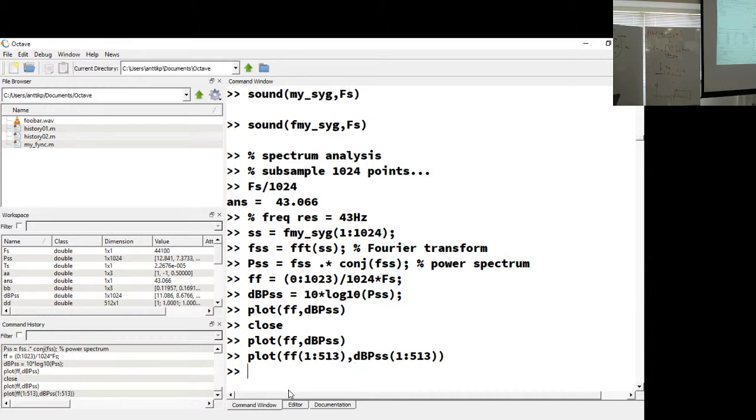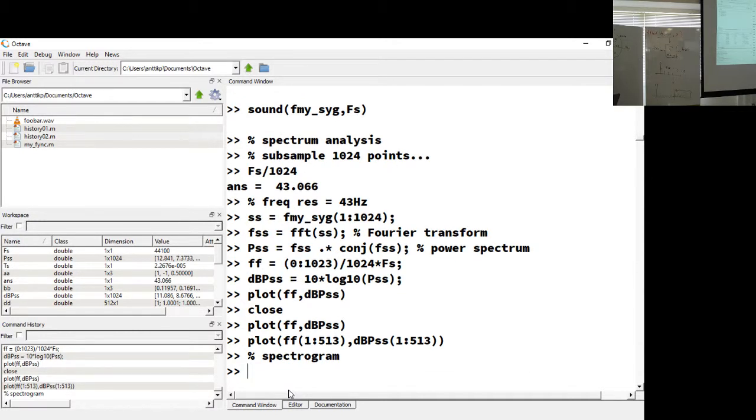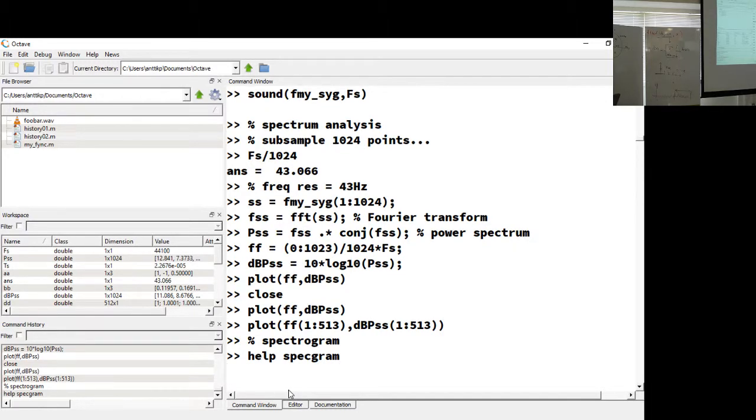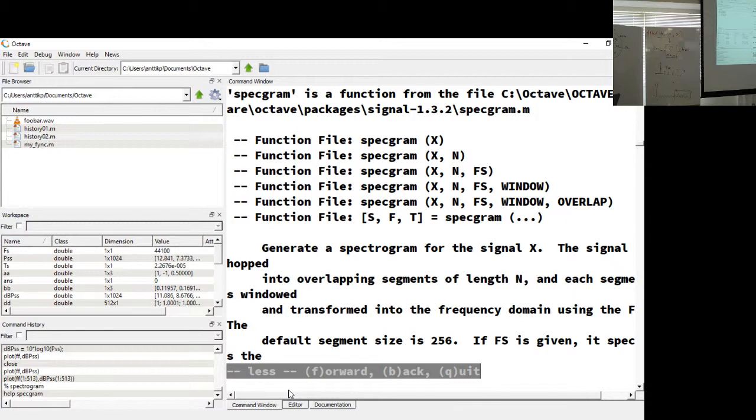Next, let's see what the spectrogram looks like. I need to check the help on spectrogram. Okay, this is also missing one parameter.